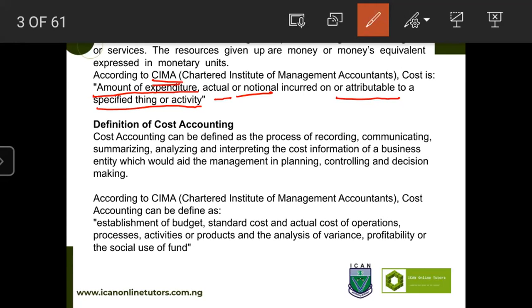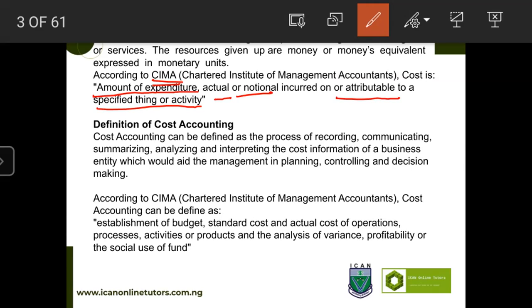You can also say cost is the total amount of items that is incurred or yet to be incurred in the cost of manufacturing a product or rendering a service. Because cost accounting actually deals with production.